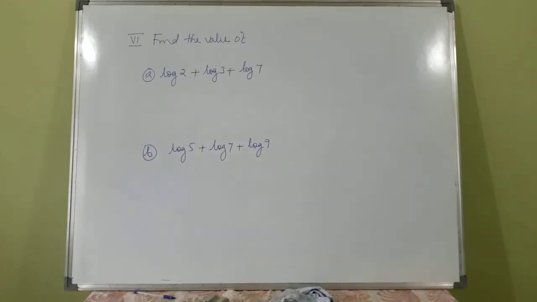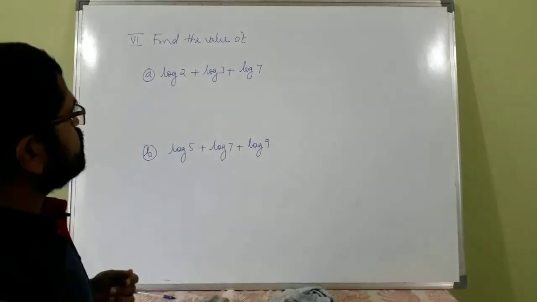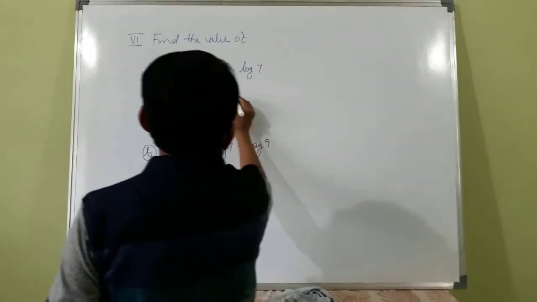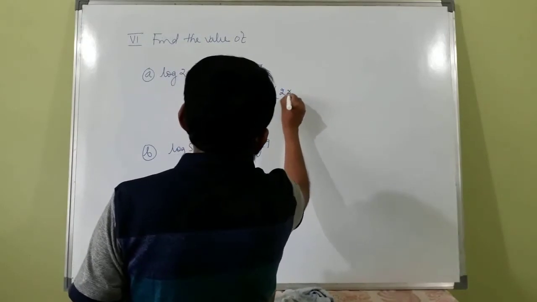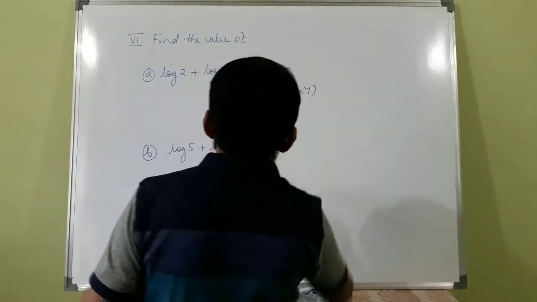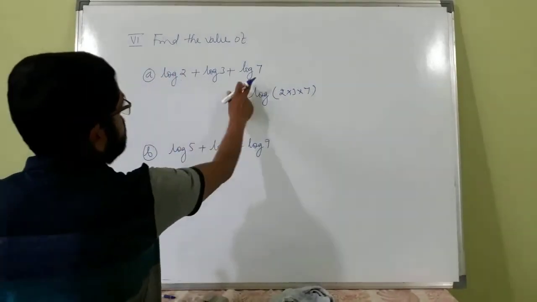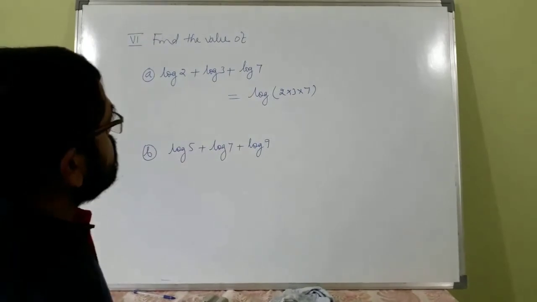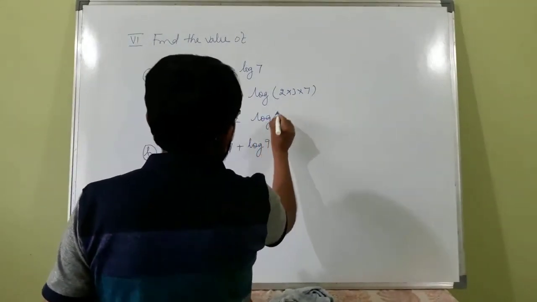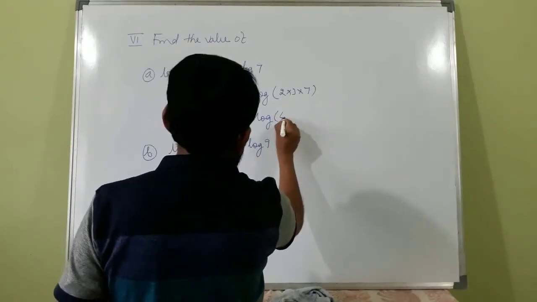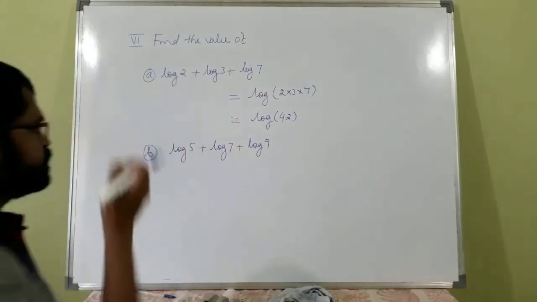Here you are asked to find the value of log 2 plus log 3 plus log 7. This is equal to log of 2 into 3 into 7. Here the log base is not given, you can take any, but all bases should be the same, then only you can work out. Log of 6 into 7 is 42.